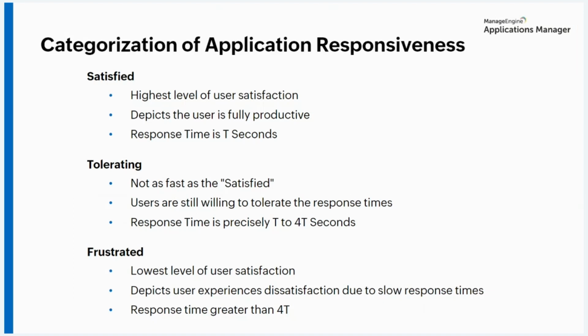And the last one is frustration. So this category represents the lowest level of user experience where the application's response time is below the tolerating threshold. So users in this category are likely to be more frustrated and sad with the application's performance, and it does not meet their expectations.